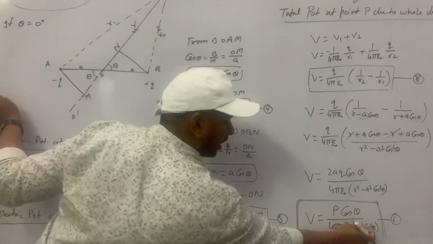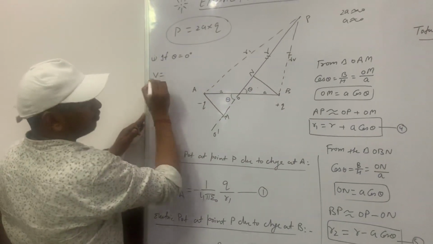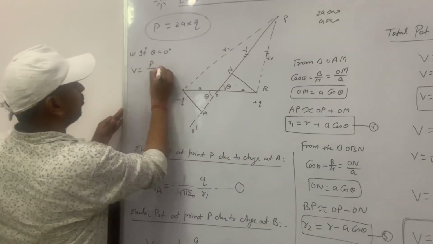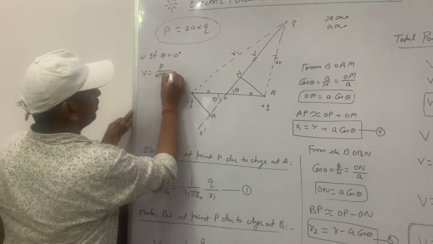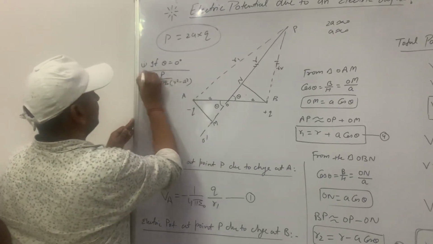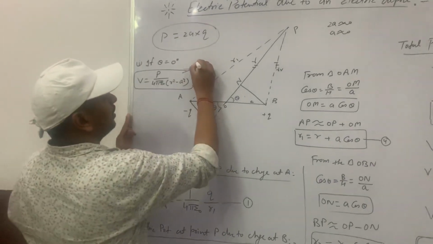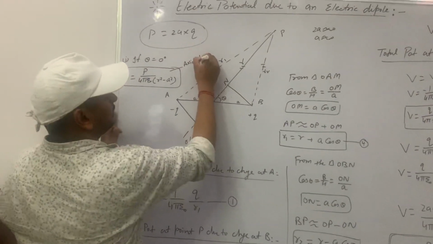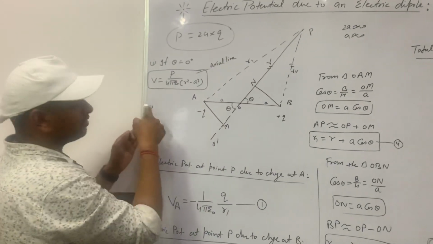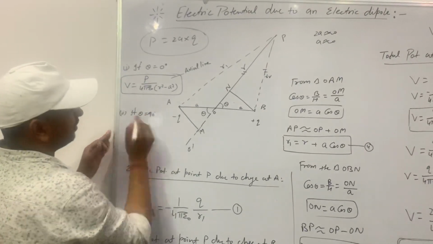If we put theta equal to 0, then cos 0 is 1 and V equal to P over 4 pi epsilon naught times r square minus A square. That is the expression for potential on the axial line.